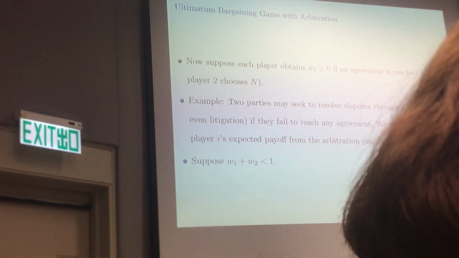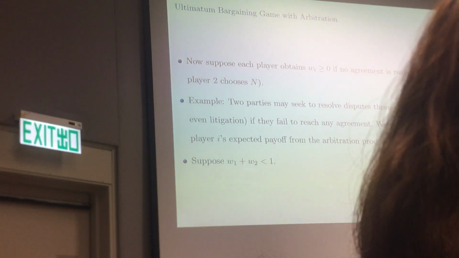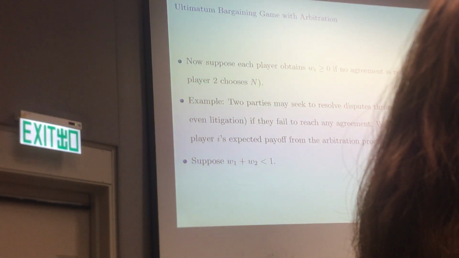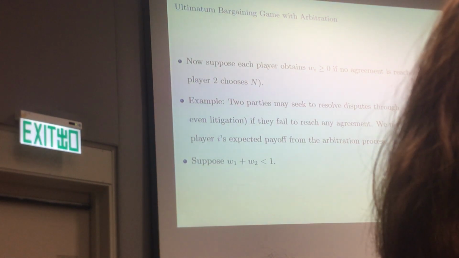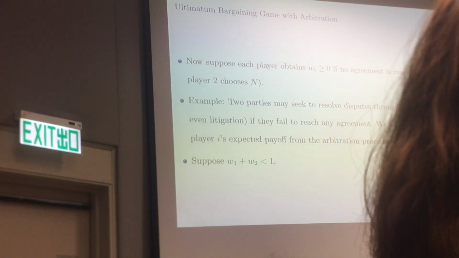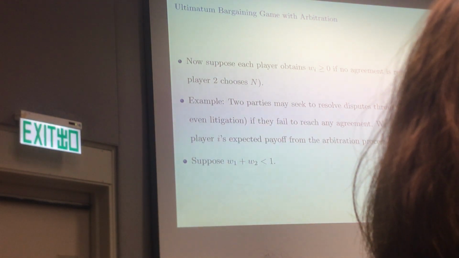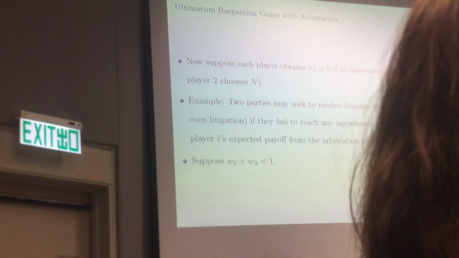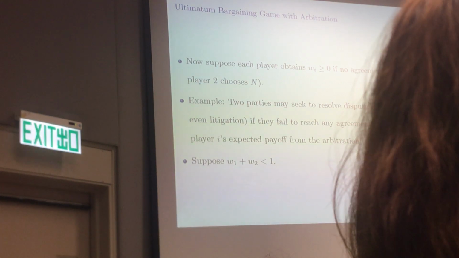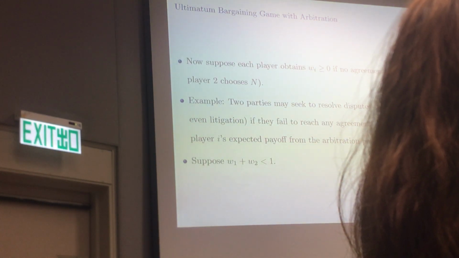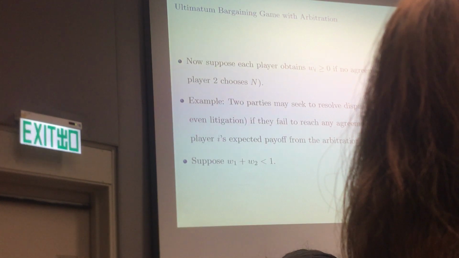Moreover, if you think about any legal fees or costs they have to pay during the arbitration process, it is a natural assumption that the sum of the two numbers is less than 1. Okay? So I'm going to keep that assumption: W1 plus W2 is less than 1.